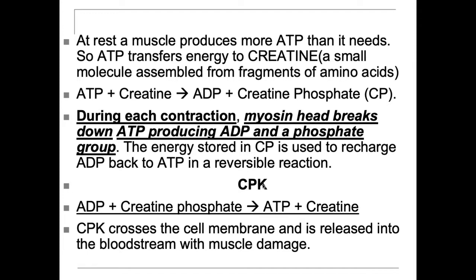So if this is a membrane, let's say a heart muscle, and this heart muscle has some CPK in it, and if this muscle ruptures and you release an excessive amount of CPK, and someone is having chest pain, they're going to look at CPK levels.